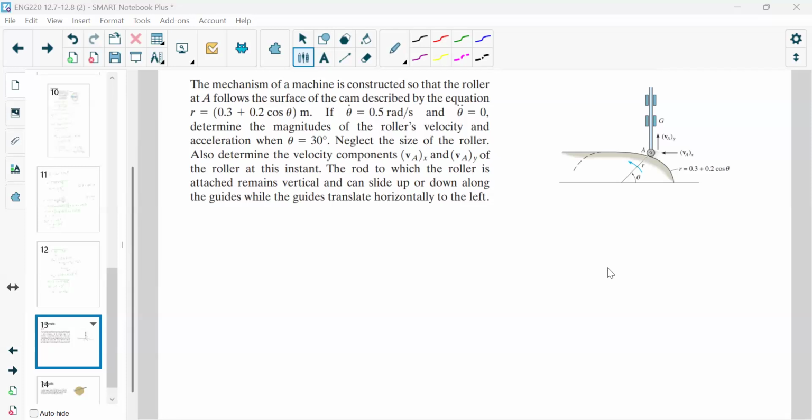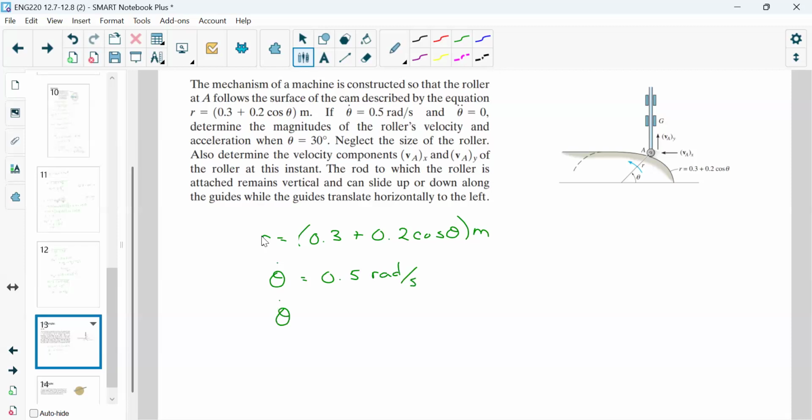So we know our equation for r. Our r equation is 0.3 plus 0.2 cosine of theta, and this time we are in meters. We are told theta dot is 0.5 radians per second.